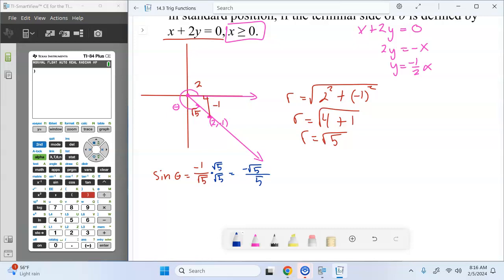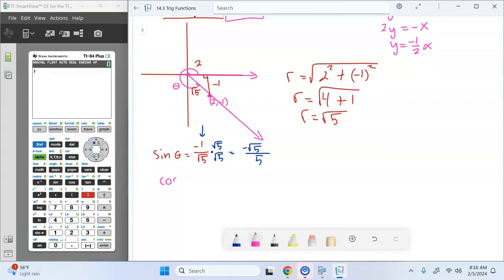So we always rationalize our trigonometric functions. But don't get rid of this. Don't get rid of this, okay? Leave that there because we're going to use it later. All right, it'll make our life easier. Cosine. Cosine is 2 over root 5.